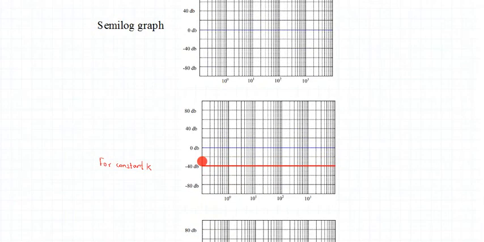I have plotted here a straight line for k at a value of minus 40 dB. If I substitute k, which for my given example was 1 by 100, I get a simple straight line at magnitude of minus 40 dB. This is the first magnitude plot we have done.